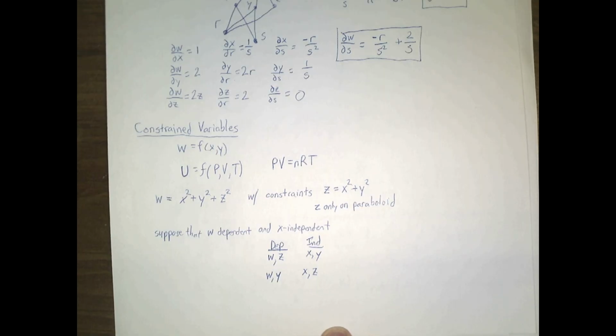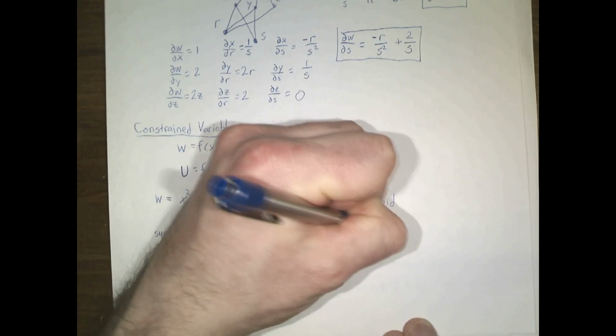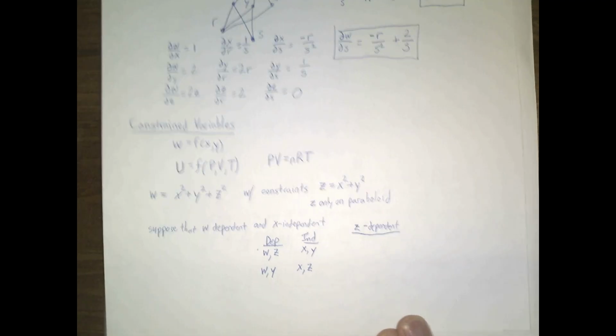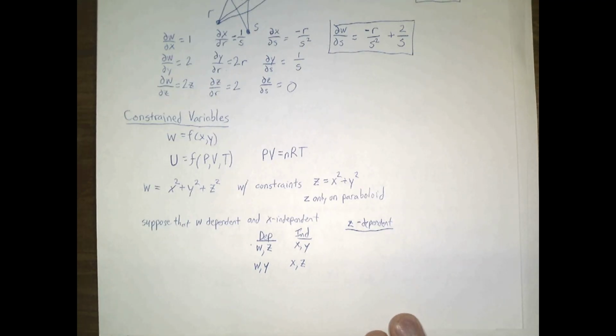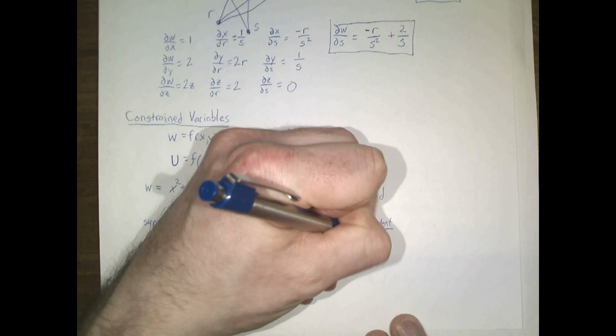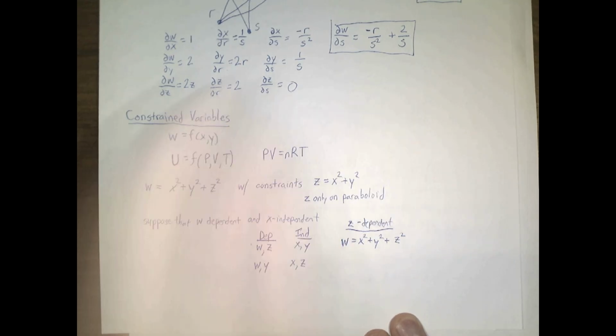So we're going to look at this first choice here, where we have z dependent. That means that z will depend on both of our independent variables, x and y. When we write our function, we want to eliminate z from this.